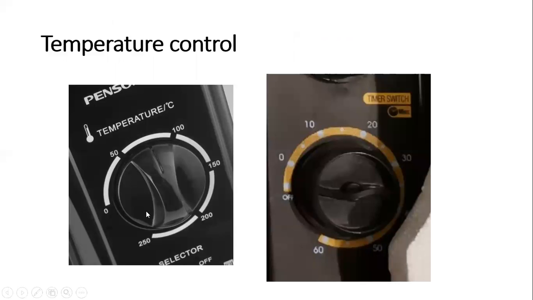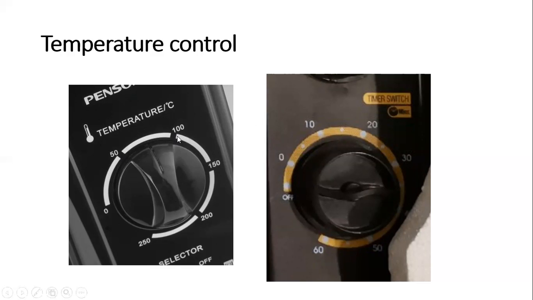We can see this is a market temperature control button. There are many different types. This is actually also using a variable resistor. Assume that when this button is adjusted to this angle, this 50 represents 50 degrees Celsius control.